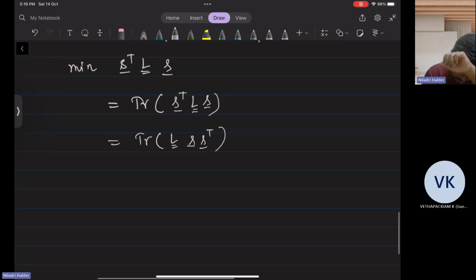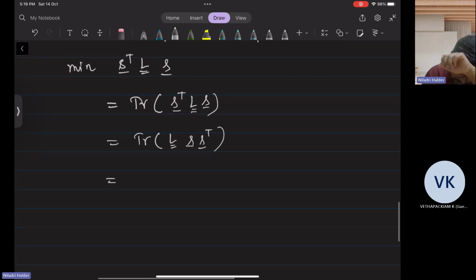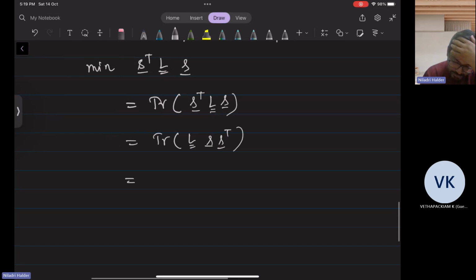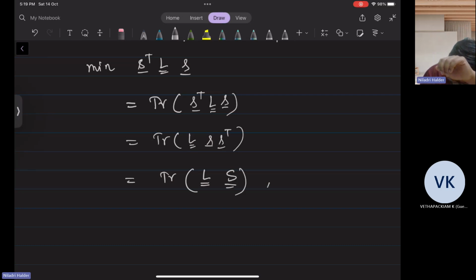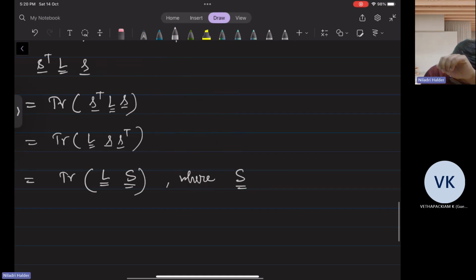So then this is equal to the trace of L s s transpose. This is equal to the trace of L S, where this capital S is equal to s s transpose, let us take. Okay.